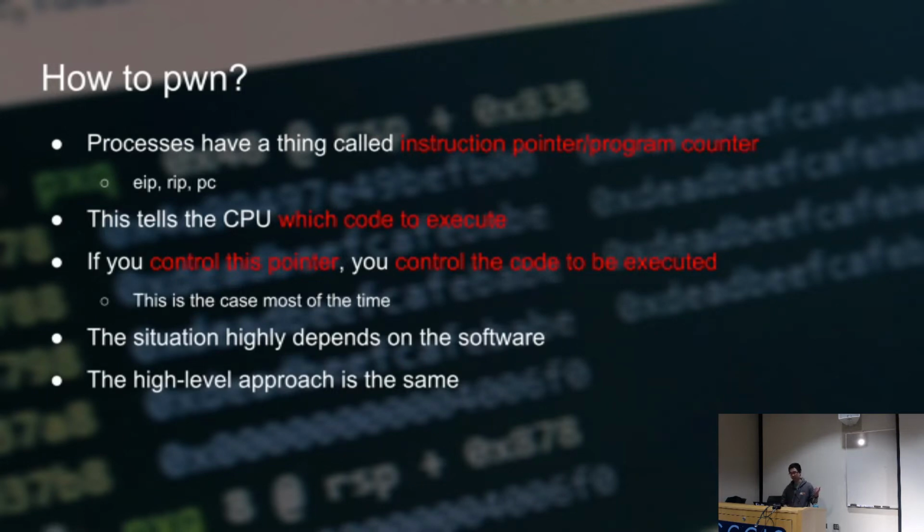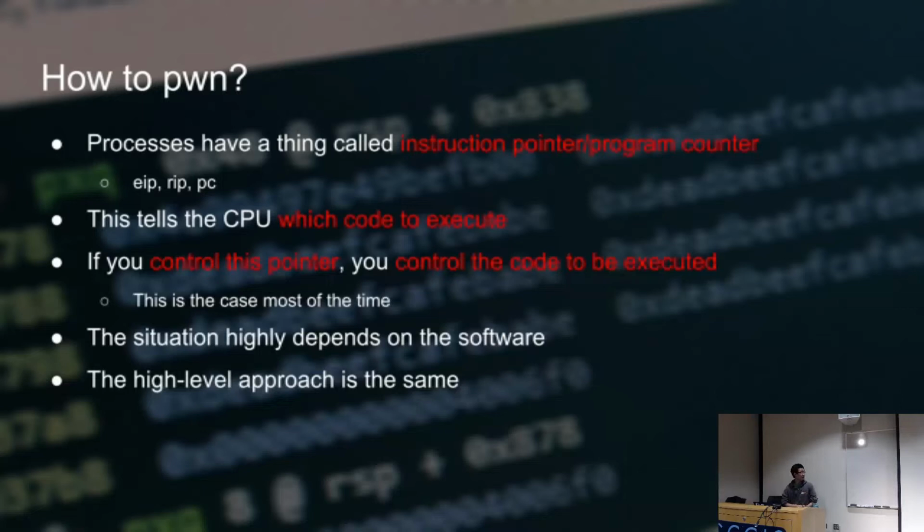It's called EIP or RIP or PC, short for instruction pointer and program counter. This pointer tells the CPU which code is going to be executed. The main idea is if you can control this pointer, then you can control the execution flow, and you can get code execution. You can execute whatever code you want.